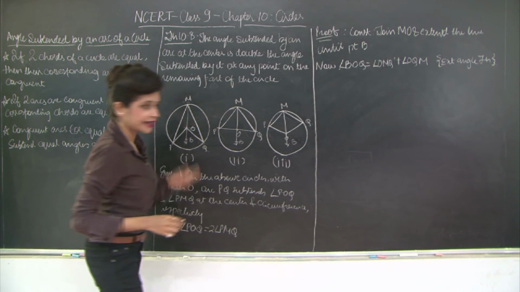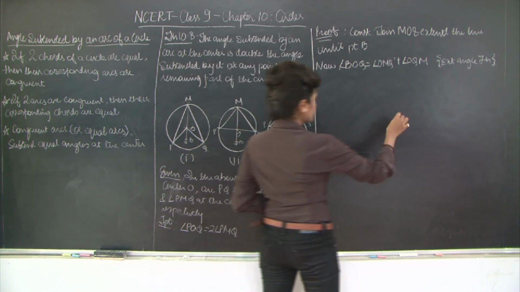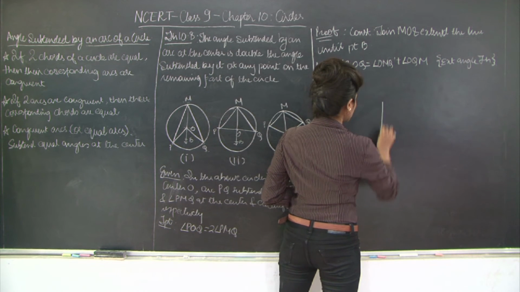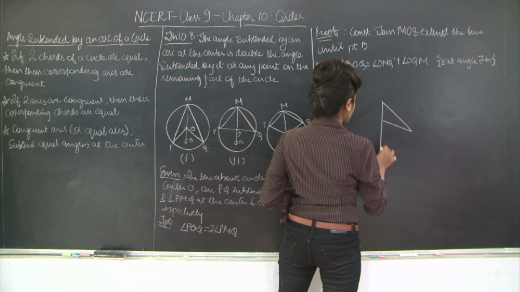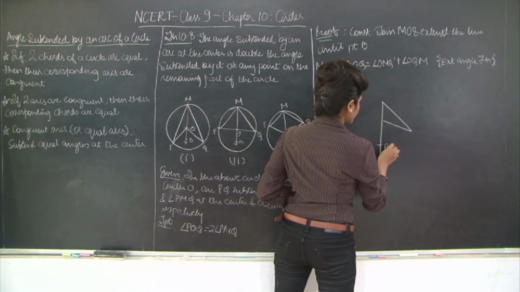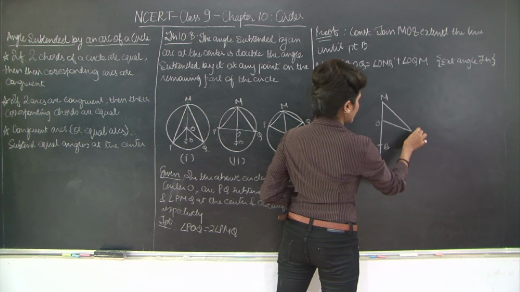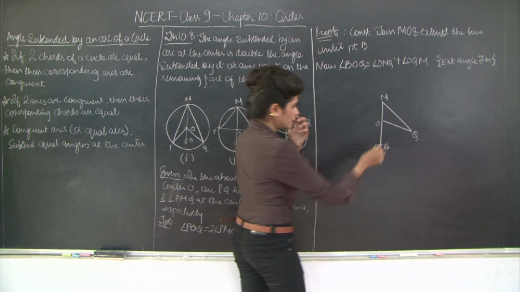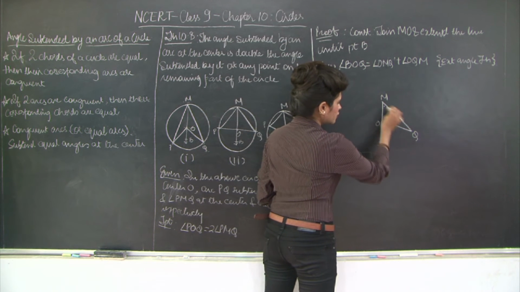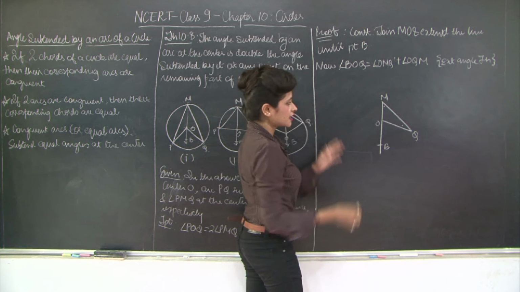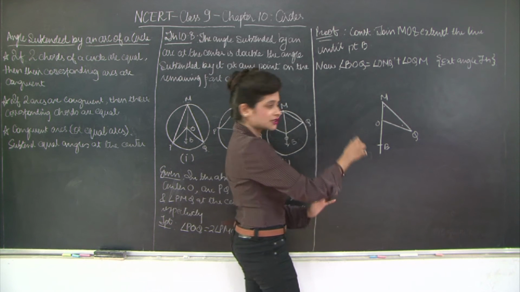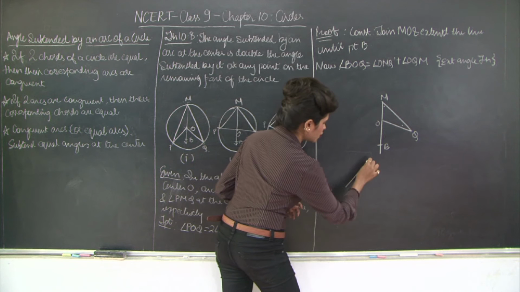For those who did not get it, let me draw this for you so that you will understand better. See, we have a figure like this. You have B out here, you have O out here, M out here and Q out here. So BOQ is the exterior angle for the sum of these two angles. If you still did not get it, let me tilt this for you and make you understand better.